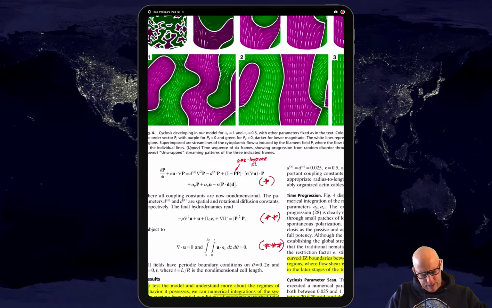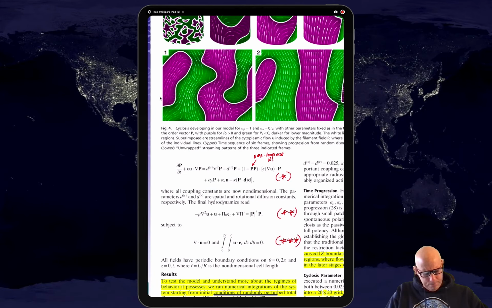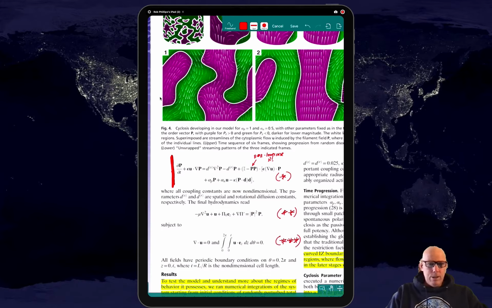So this is the paper of Woodhouse and Goldstein, and the equation that you see here is the equation for the P field, and you see just below it the Stokes equation, but now with the right-hand side that is the driving force. So that's the coupling between U and P.